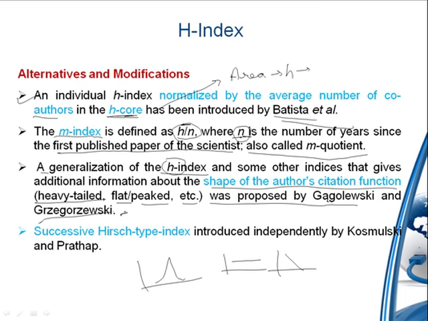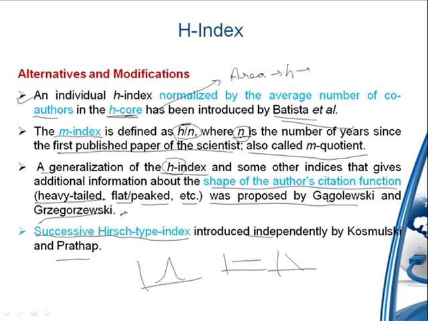Another modification is the successive Hirsch-type index, introduced independently by Komlowski and Pratap.